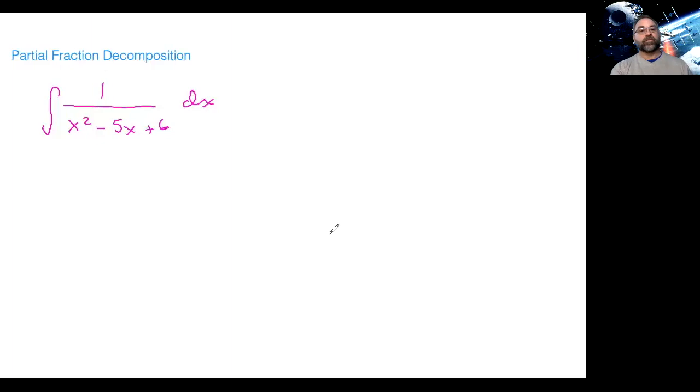I want to start by showing you an example that we could actually do with the technique from last time, the trigonometric substitution. It's right here. And as you look at this, you might be thinking, well, gosh, that certainly does look like something that we could have done with our trigonometric substitution.